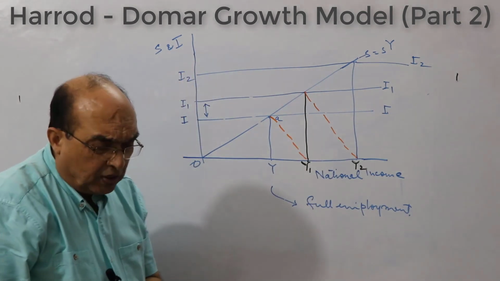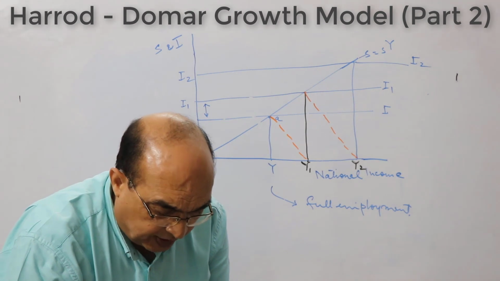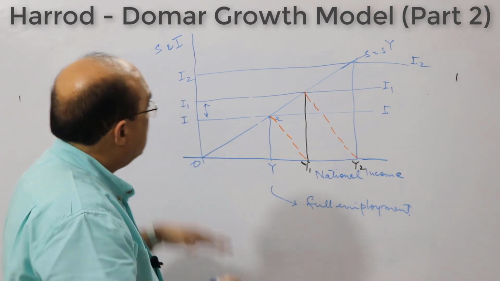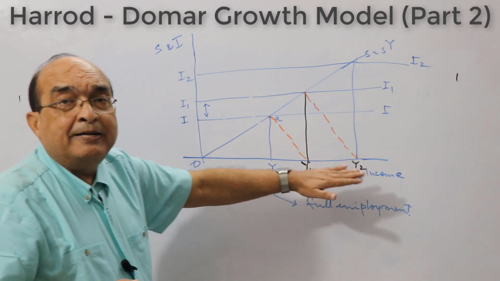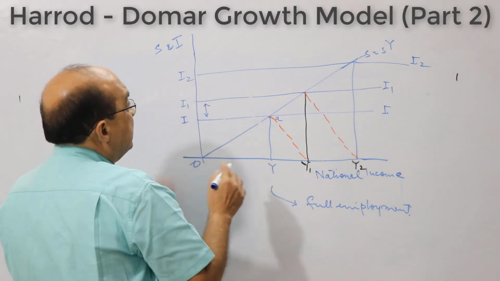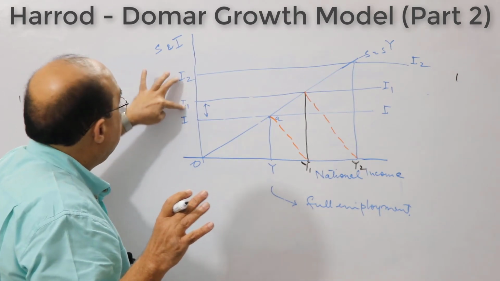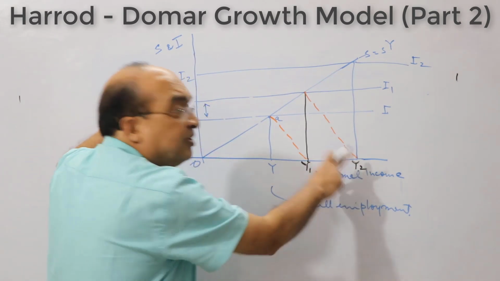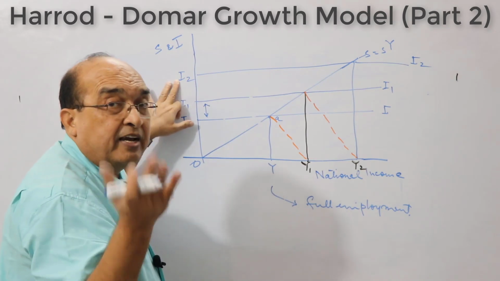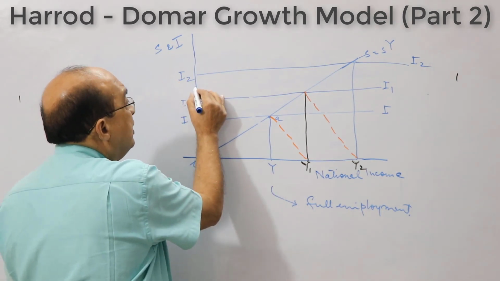Now consider if investment does not take place to the extent required by the capacity augmentation. Suppose in this time period, where investment has to increase from I1 to I2 in order to bring about equality in the demand and supply side, investment increases only by this amount.